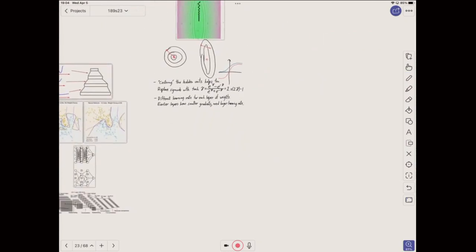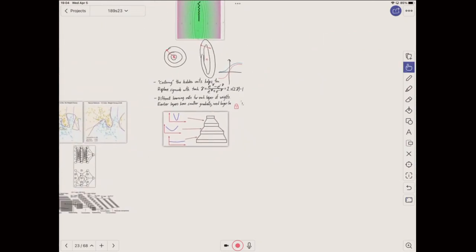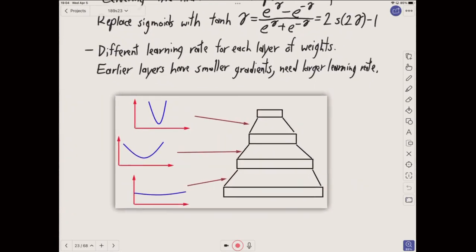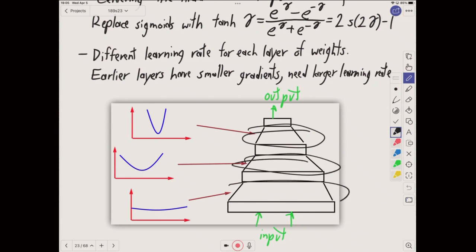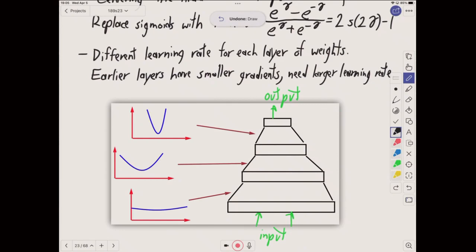Here's a little figure that sort of tries to encapsulate this idea, maybe in a slightly more memorable way. The way you're supposed to read this figure is that the inputs are at the bottom, the output units are at the top, and here's a layer of weights, here's a layer of weights, here's a layer of weights, 3 layers of weights, 2 hidden layers of units.